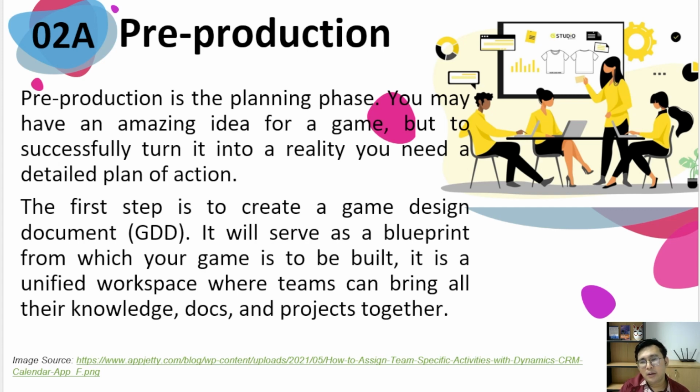But this kind of idea that has been printed or prepared is something that we have to turn into a detailed plan of action in order to make it into a reality and make it successfully into a game.